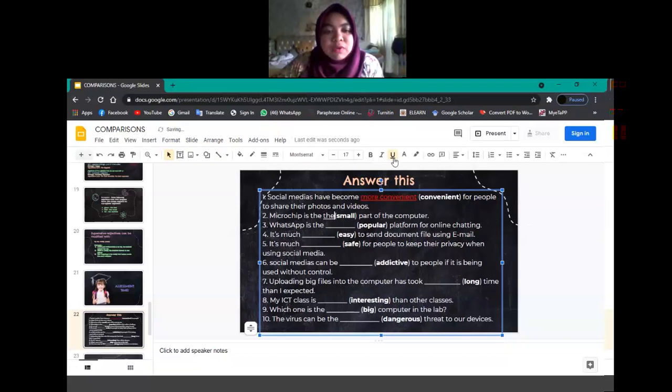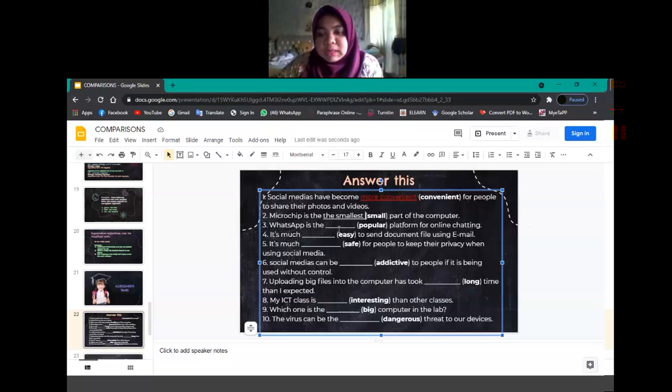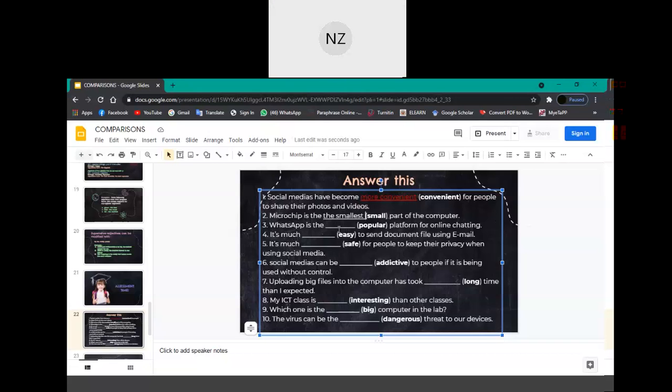For the third question, WhatsApp is the blank popular platform for online chatting. Can I have Nur Zafira to answer the third question, please? WhatsApp is the most popular platform for online chatting. What makes you think the answer is the most popular? Because of the word the as well.